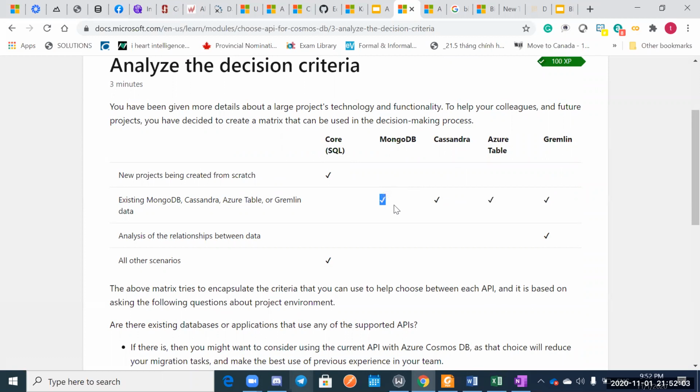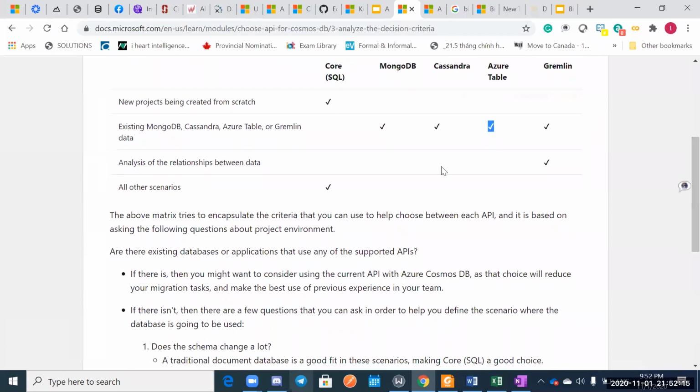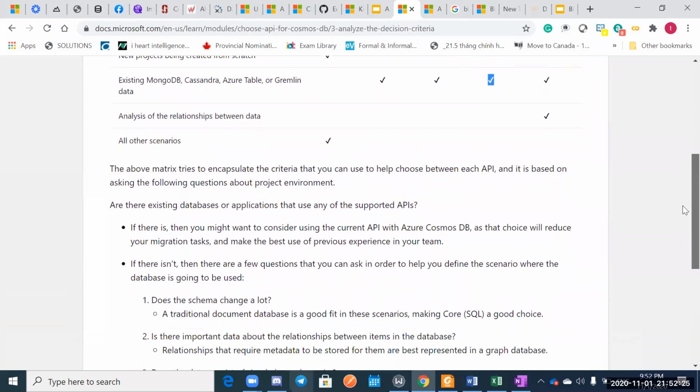If you have Cassandra, then you need the Cassandra API. If you have the table storage, which belongs to Azure Storage, then you need to select Azure Table. And in all other scenarios where you don't have existing data, you use core SQL.